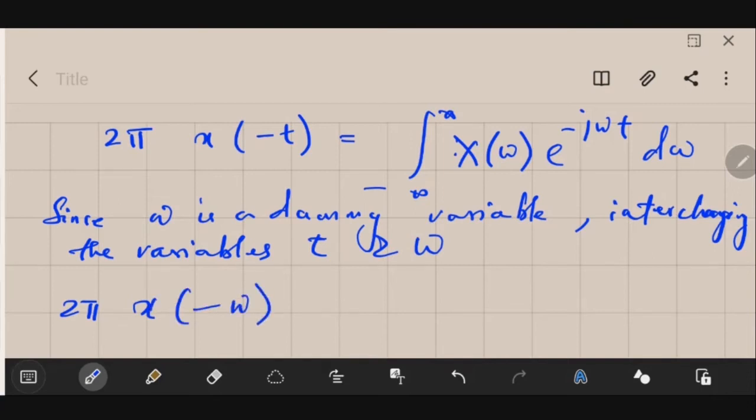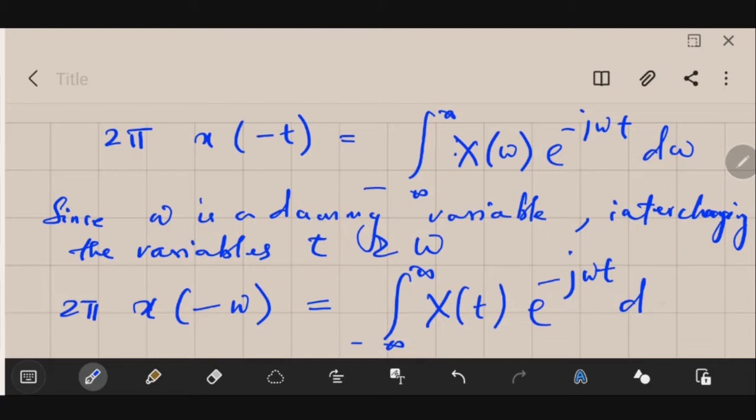So t has been replaced by omega, omega has been replaced by t, so this will be equal to integral from minus infinity to infinity, that X of omega will now become capital X of t, e to the power minus j omega t. So omega was replaced by t, t was replaced by omega, so this portion remained the same. Then d omega will now be replaced with your dt.